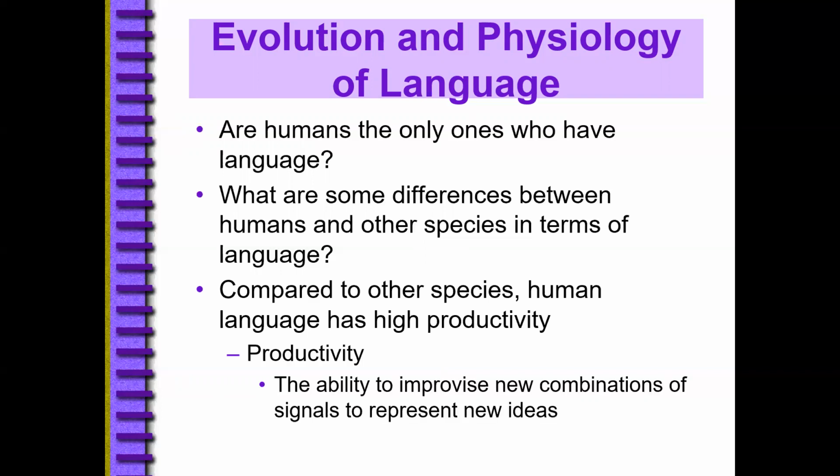And again, productivity is that ability to improvise, to create new signals, new symbols to represent new ideas. So create new words, do the blending, come up with gruel, come up with hangry, right? As long as you're following the rules of the language and the sounds that work together, you can come up with new words or different combinations of words or things like that. And so that's what we see definitely in human language, but not necessarily in the language or communication of other species.